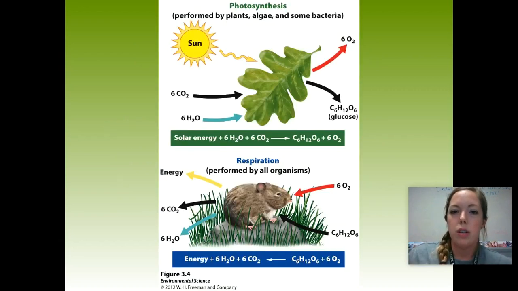Okay, so here's a picture for you guys, or a diagram, I guess you could say. But as you can see here at the top, it says plants, algae, some bacteria, they all undergo photosynthesis. Okay, but, and this is a misconception I see a lot of the time in students, all organisms undergo respiration. Okay, it's not like producers undergo photosynthesis and everything else undergoes respiration, right?